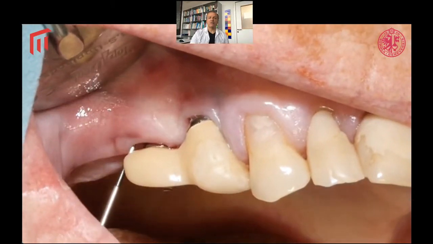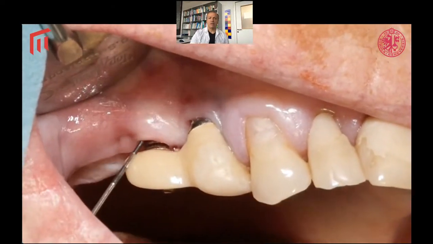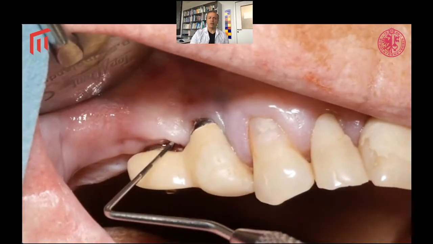Last thing is that you have to consider also the soft tissues. Look, in this case I have completely movable mucosa around the implant.